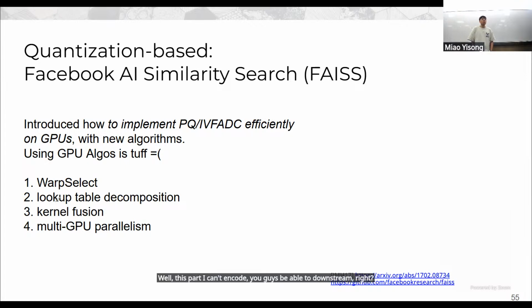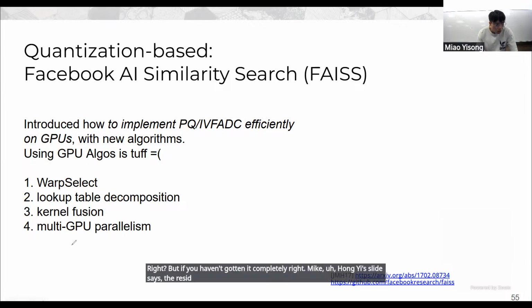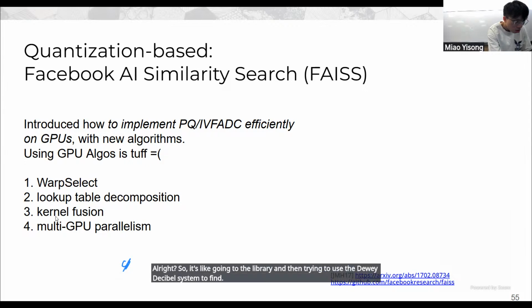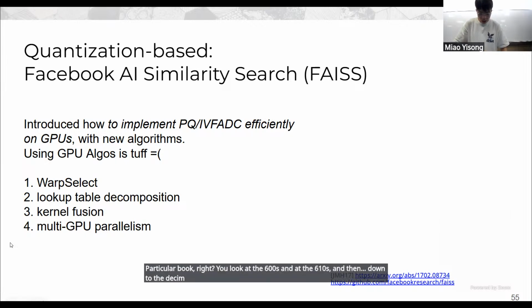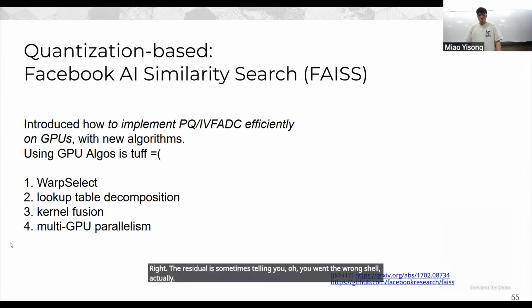So the residual allows you to model things well, and approximation allows you to model things fast. Fast is important, but if you haven't gotten it completely right, like Hong Yi's slide says, you model the residual so that you can get fine grained correction, right? It's like going to the library and using the Dewey Decimal System to find a particular book: you look at the 600s, then the 610s, and then down to the decimals. The residual is sometimes telling you, oh, you went to the wrong shelf, actually, in the other part of the system.